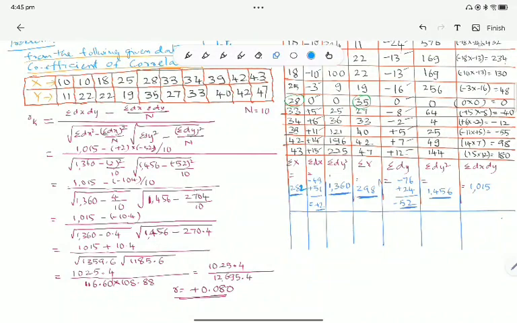Looking at the table, at the right side corner, sigma dx dy is equal to 1015.